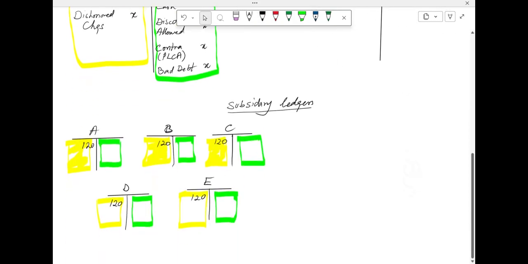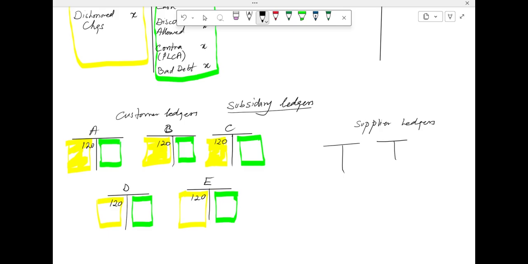And similarly, I need to have a breakdown of my supplier ledgers. And I will have the names of all those suppliers: F, G, H, I, and J. And I'll be recording 240 on this side.